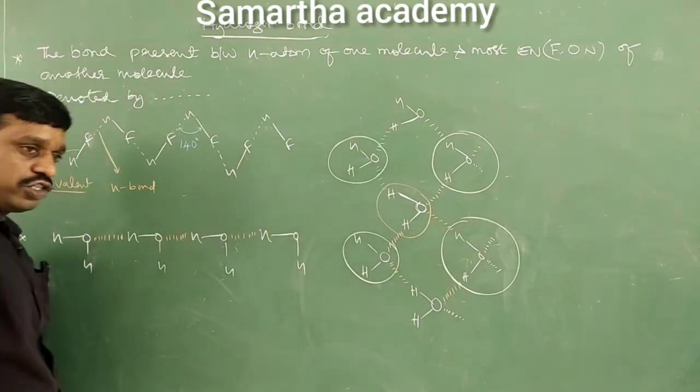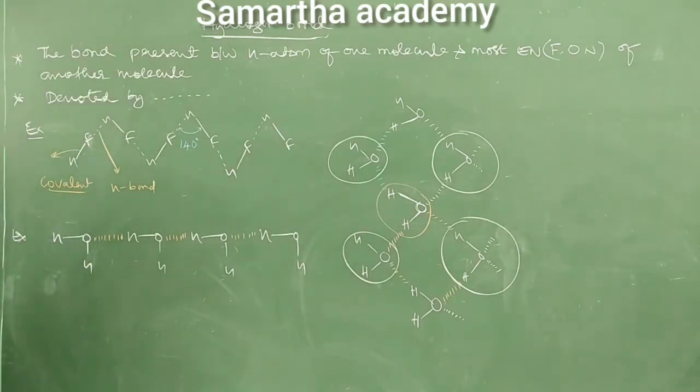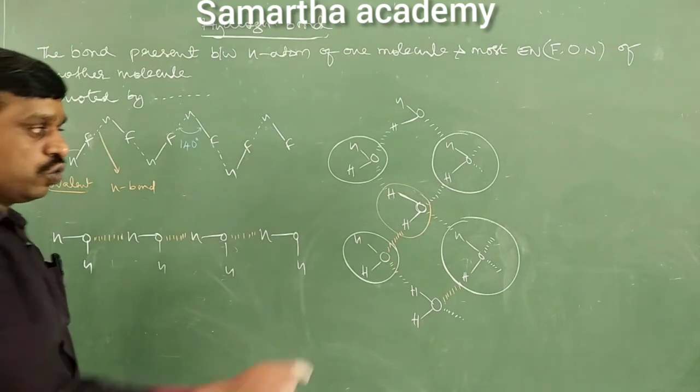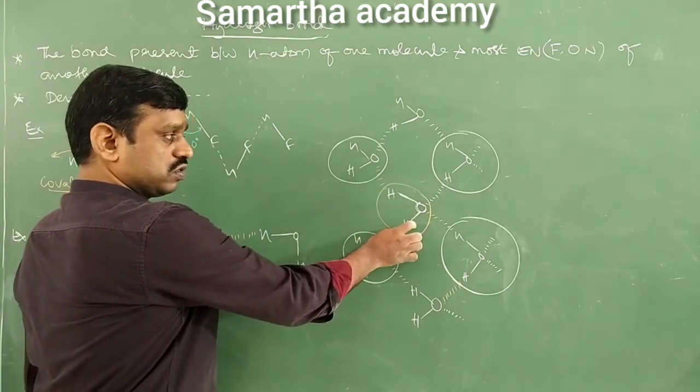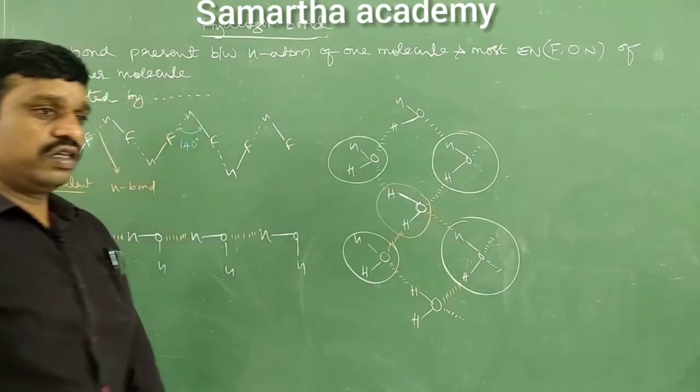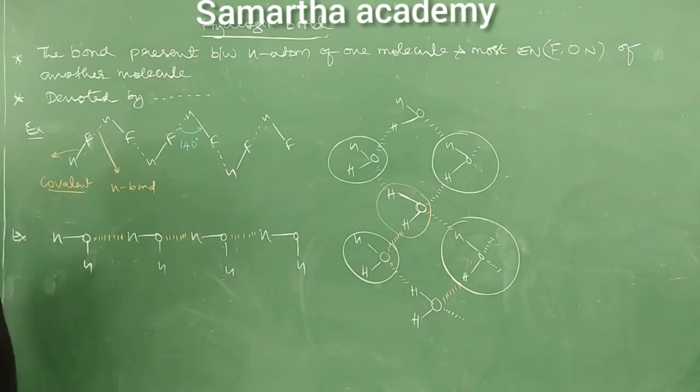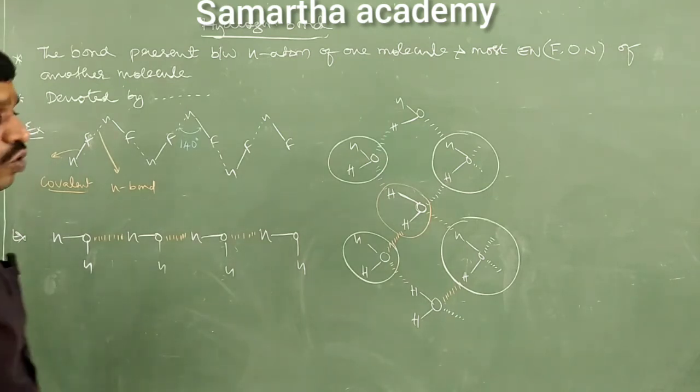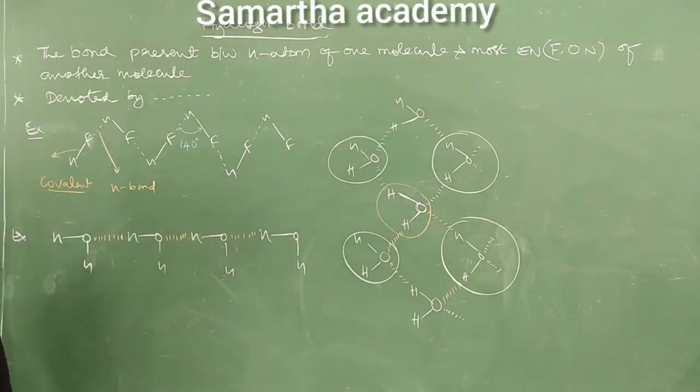In water, each oxygen is bonded with 4 hydrogens, that is 2 with covalent bonds and the remaining 2 with hydrogen bonds. Okay. So that is about the water molecule and hydrogen bond.